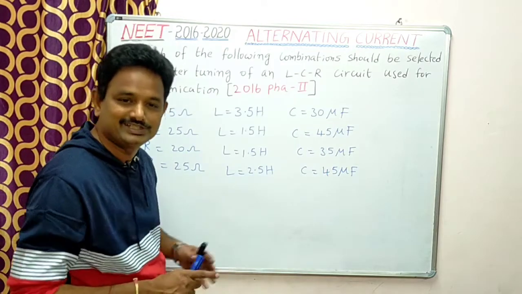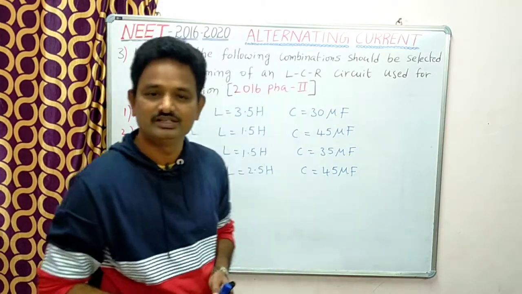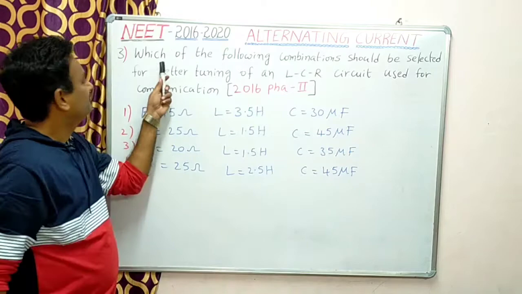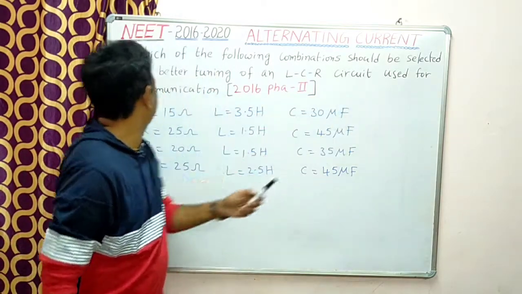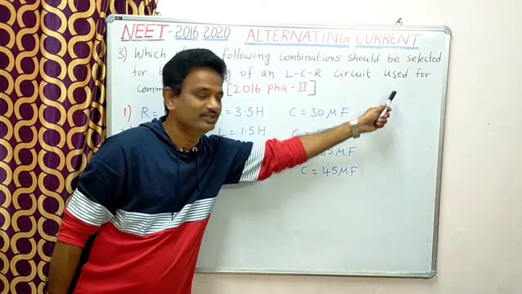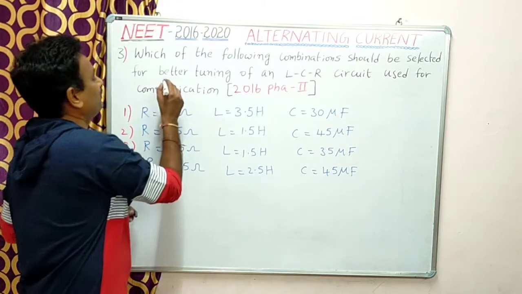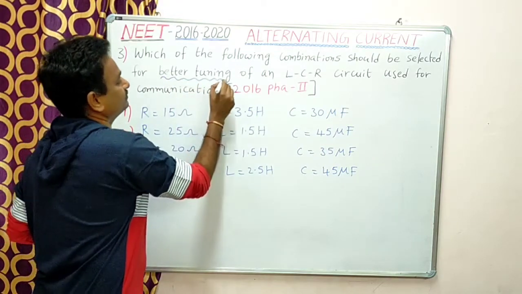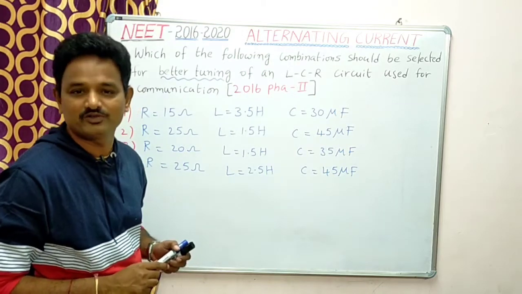In 2016 phase 2, we got 2 MCQs. First one is, which of the following combinations should be selected for better tuning of an LCR circuit used for communication? See here, for better tuning, quality factor should be high. What is the formula for quality factor?